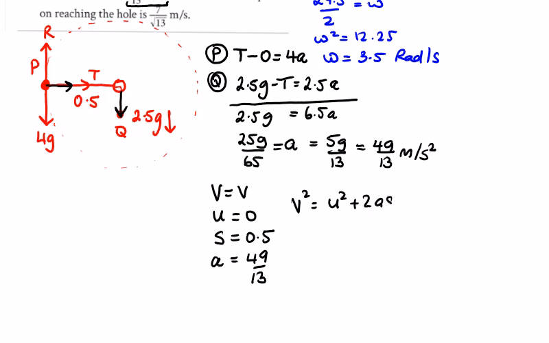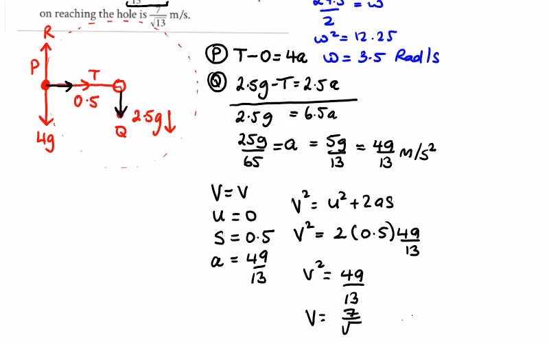We're looking for velocity. u squared is 0, so 2 times a times s. The 2 and the 0.5 just give me 1, so v squared is 49 over 13. So v is equal to the square root of that, square root of 49 over square root of 13, so it's going to be 7 over root 13.